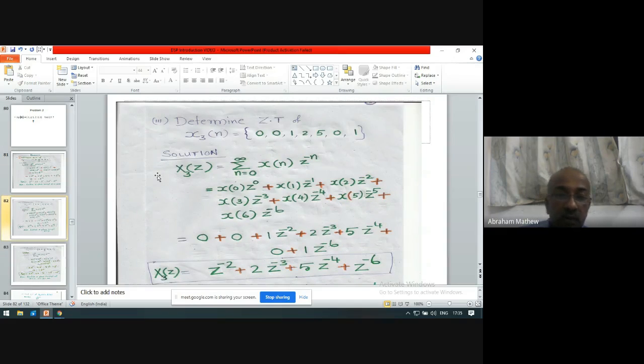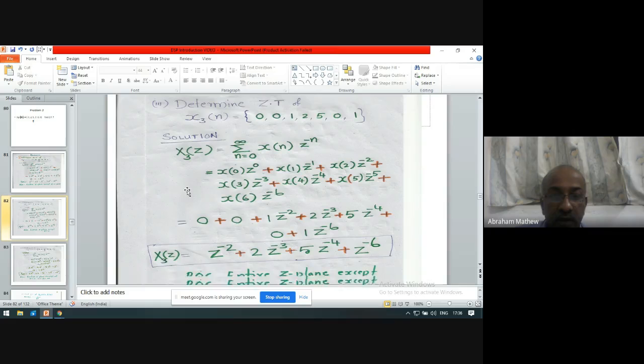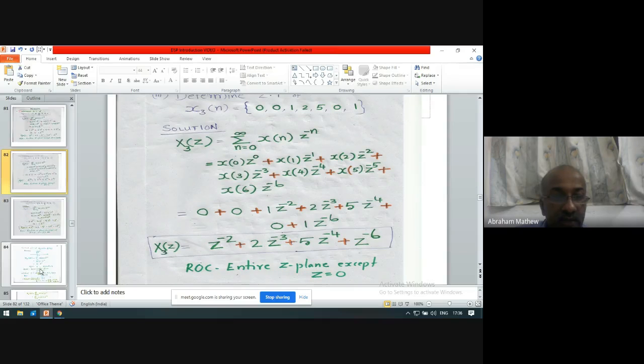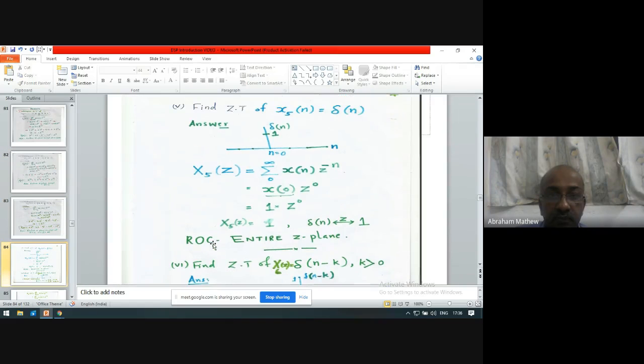Again, a number of problems on Z transform have been simplified here and ROC has been obtained. We can find the Z transform of an impulse function. An impulse function we know delta of n is equal to 1 for n equals 0. We can apply Z transform for impulse function.